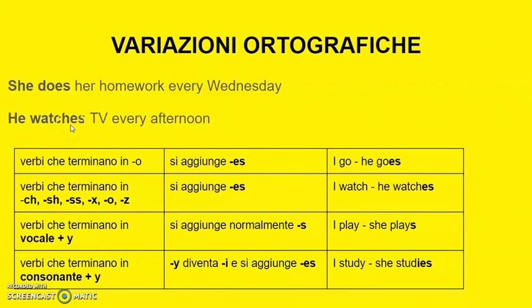So English likes to add es in these cases, not only in these cases, also if the verb ends in o, and if the verb ends in consonant plus y, we have this change. Y becomes I, and then it adds es.